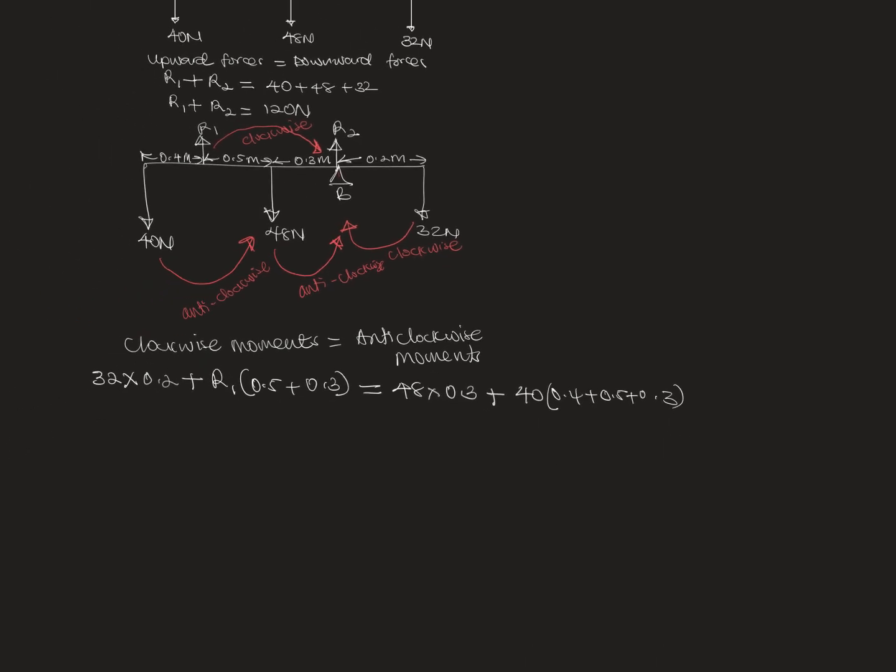Okay, so 32 times 0.2 will be 6.4. 0.5 plus 0.3 is 0.8. So we're going to have 0.8 R1 is equal to 48 times 0.3, which is 14.4, plus 40 multiplied by, in bracket, 0.4 plus 0.5 plus 0.3, which will be 48.